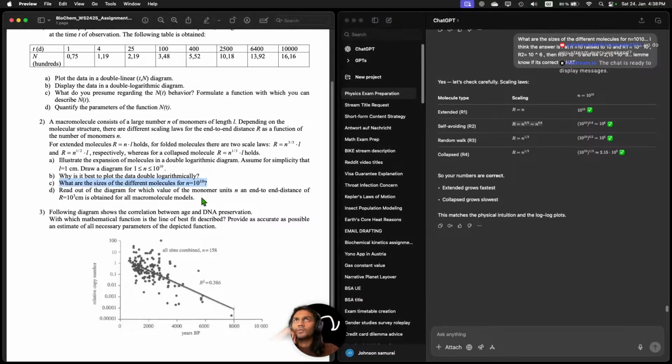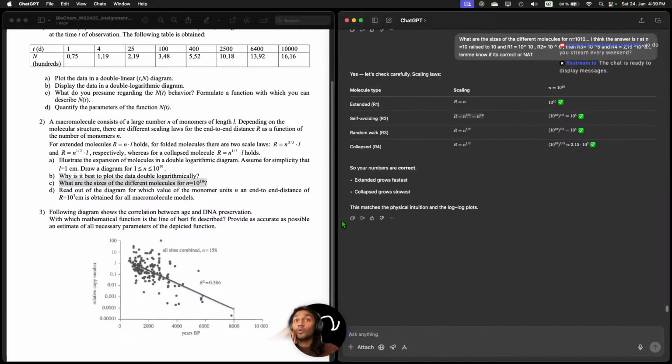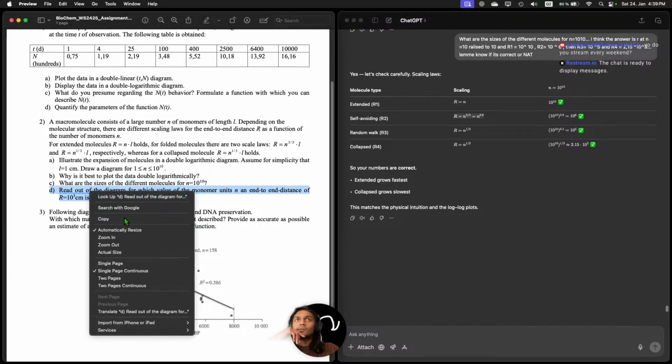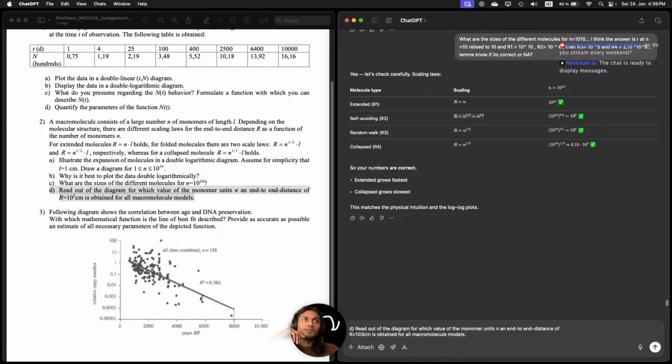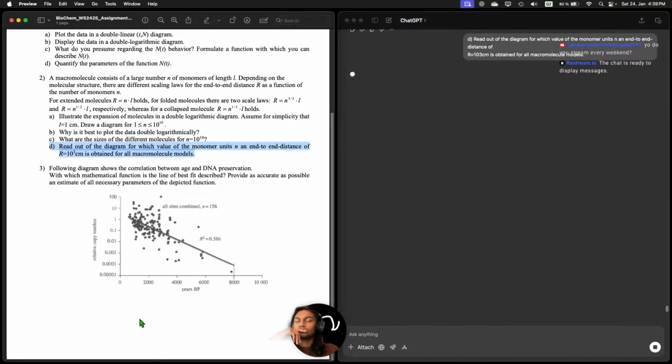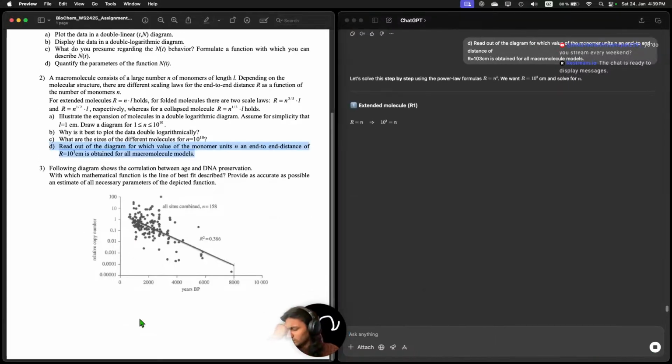Read out the diagram for which value of monomer units end-to-end distance of r equals 10 raised to 3 is obtained for all. What are you yapping, bro? What is it yapping? I'll stop with this question.